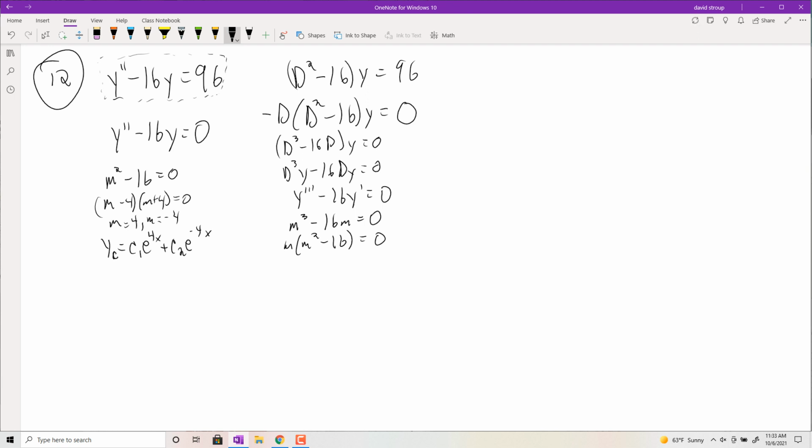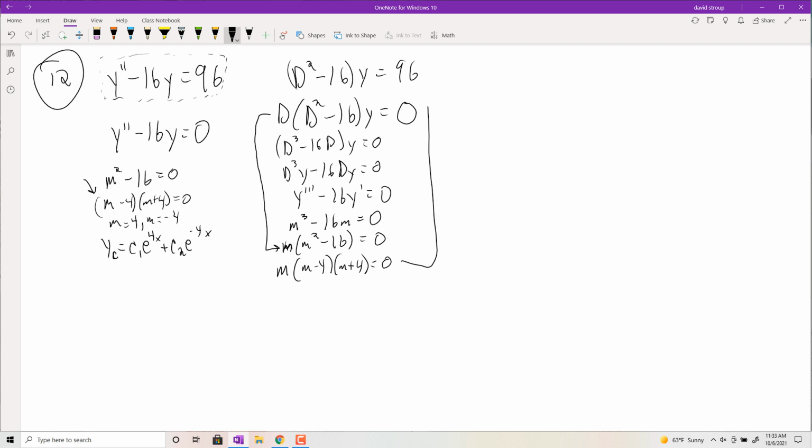But what I'm saying is you could literally just cut all that out. Look, just replace the D's with m and drop the y. And you have your characteristic equation there. It's already factored, kind of. I still have to factor the m squared minus 16, but you kind of already did that actually over here, right? So you would have m times m minus 4 times m plus 4 equals 0.